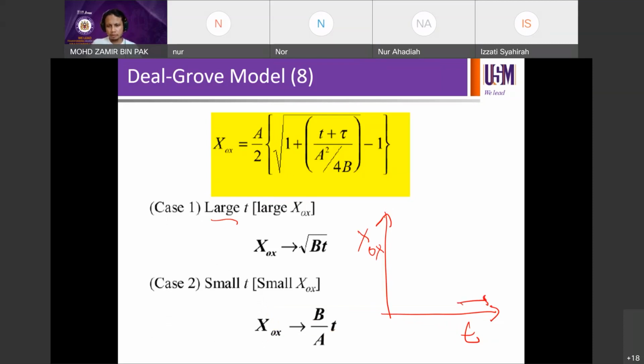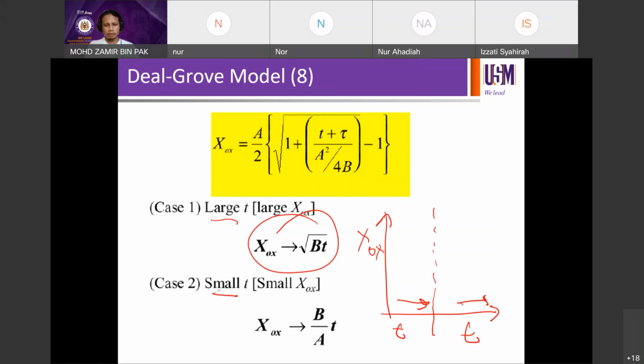If we divide it into two, large T will be further to the right, and small T will be to the left. Small T is where the process just starts. So X ox for large T can be approximated as equal to square root of BT.